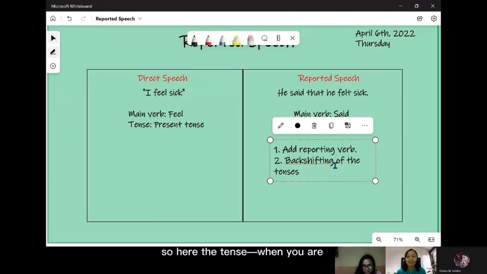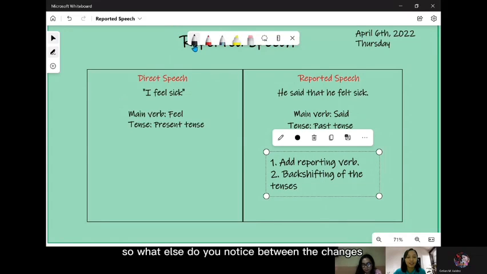So when you are converting a direct speech to a reported speech, you are backshifting the time of the verb. You get that? Yes.